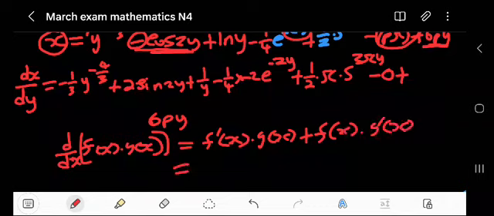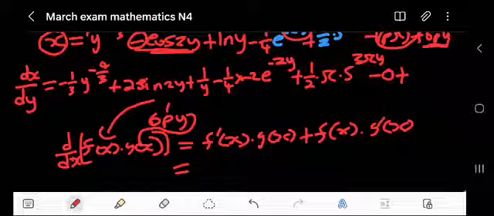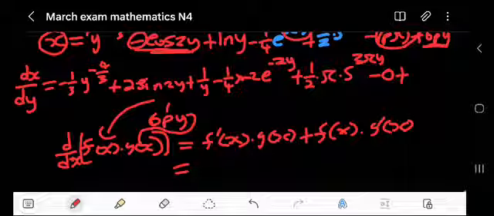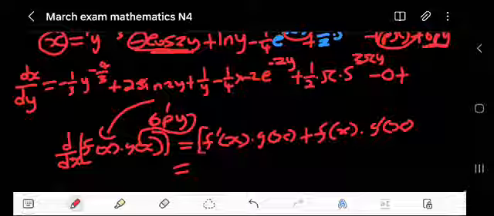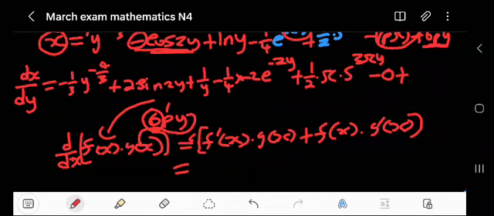So I can let pi be equal to f of x and let y be equal to g of x. Obviously we have our 6 outside, so let us not forget about this 6. It's just a coefficient there.